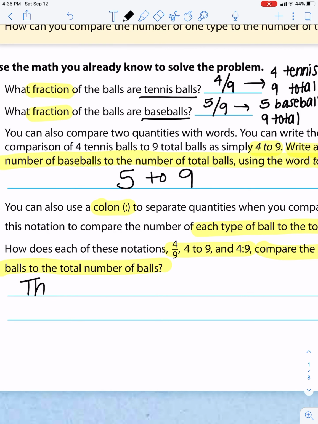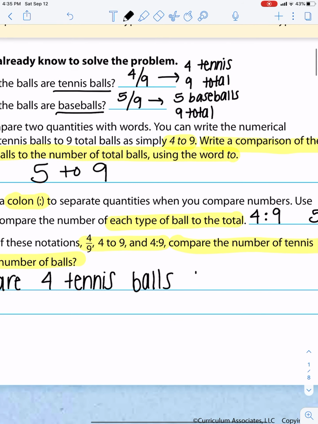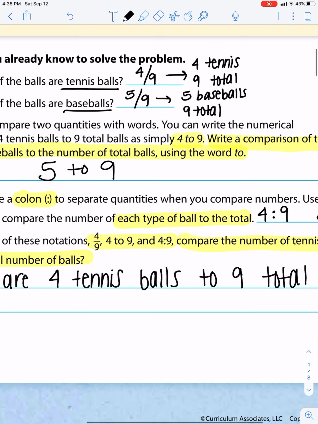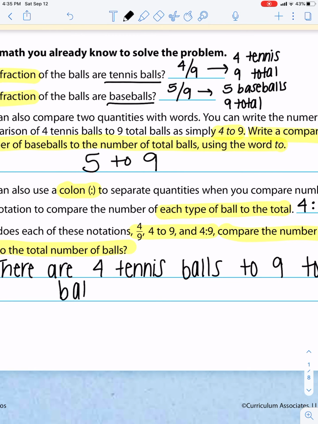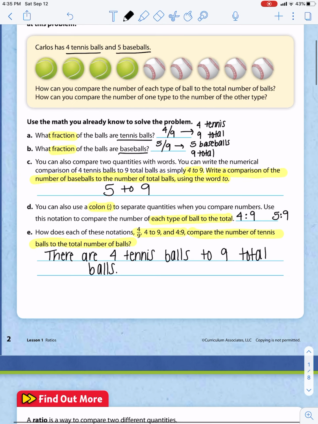There are 4 tennis balls to 9 total balls. It's very important to remember that whenever we've got a word problem like this, that we answer it in kind of a word sentence or a word answer, okay?